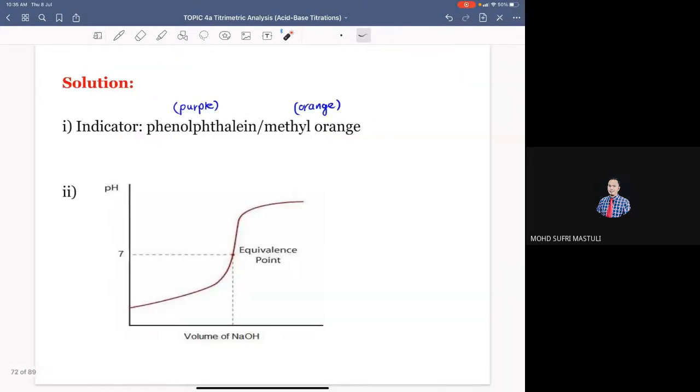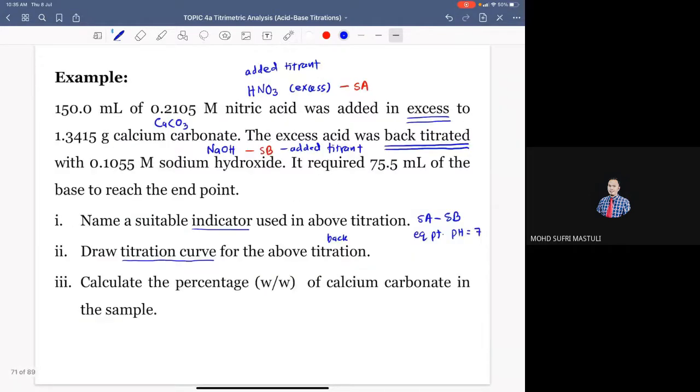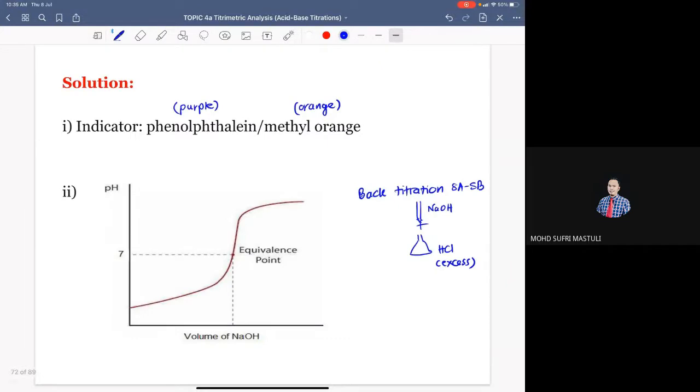Because the back titration just now is strong acid, strong base, meaning that the titrant is sodium hydroxide, and then the excess standard solution from the first titration is, okay, it's not hydrochloric acid, it's the nitric acid in the excess amount.